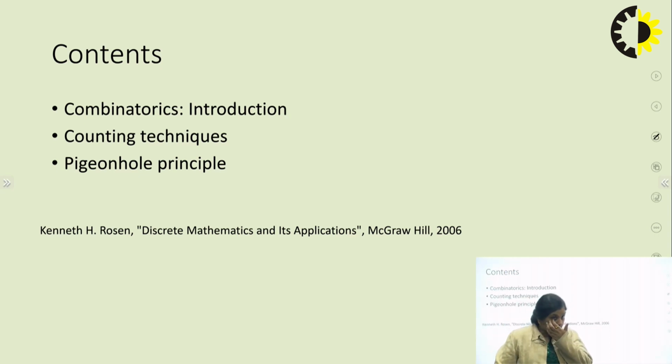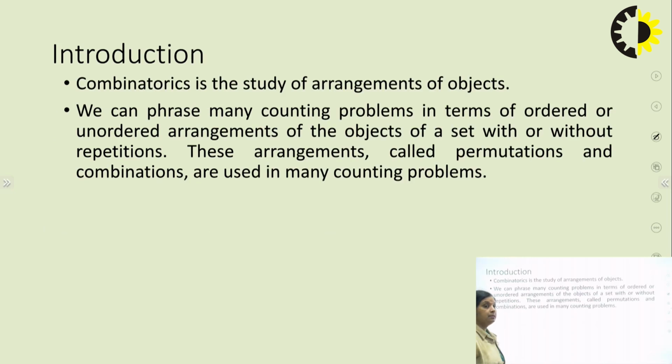When we do computing, we need to do the combinations and permutations of many things. That is the topic of combinatorics. It is the study of arrangements of objects. We have different objects that we need to arrange.